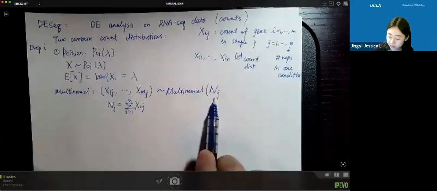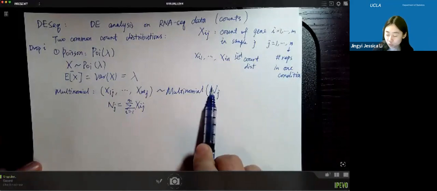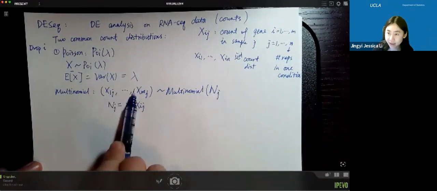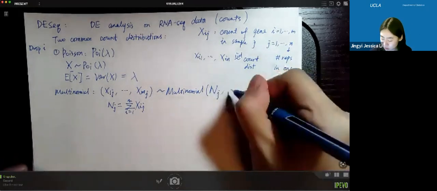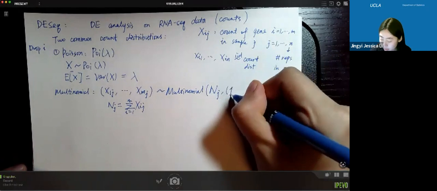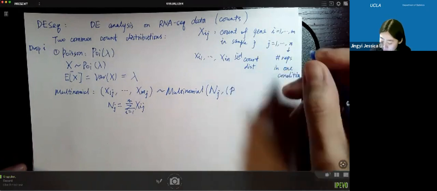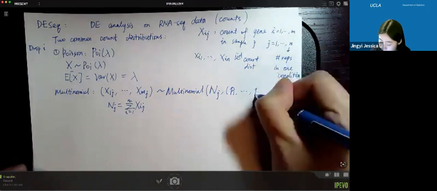and I would assign those reads randomly to those n genes based on the proportion of those genes in the mRNA. So the multinomial needs a total and a proportion vector, which I can call p1 to pn.